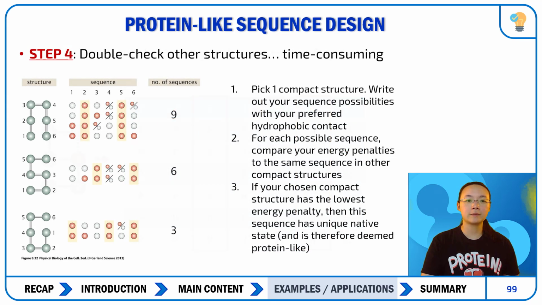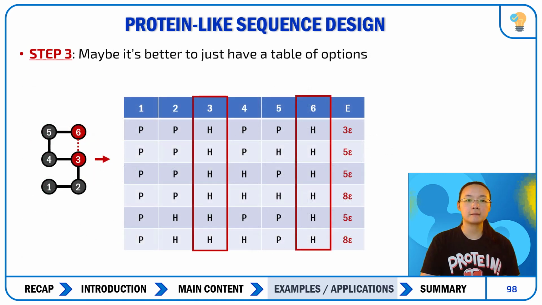So let's take a look. We have 6 protein-like sequences because of the 2 favorable contacts. And we'll explain this much later through the live lecture where we go through an example to try and calculate why this is 6 protein-like sequences and how we can consider them to be unique ground states.